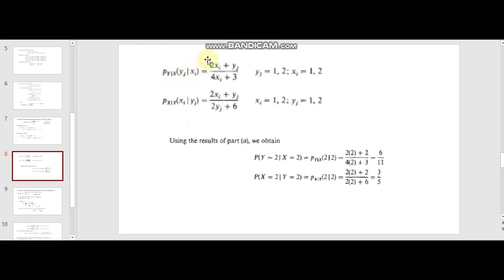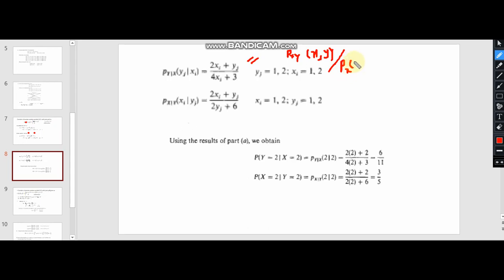So the formula is the joint probability of x and y, and what I will do here, I will divide this with the marginal probability of x.